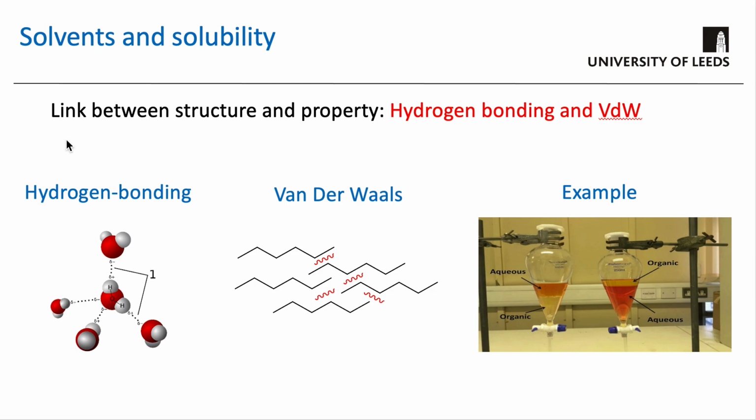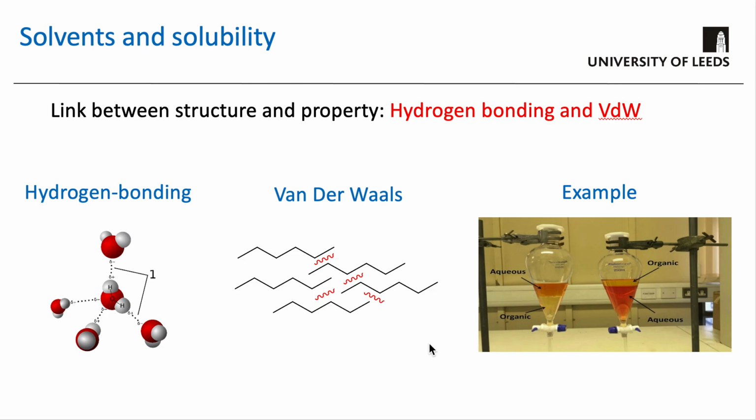The other thing you need to think about with solvents is, again, their structure. So always think about the structure of the solvents and how that leads to the properties that they have. Solvents like the alcohols, water and methanol, for example, can hydrogen bond, whereas some of the non-polar solvents like petroleum ether have van der Waals interactions, but are very poor at hydrogen bonding.